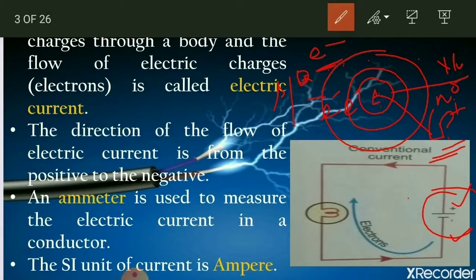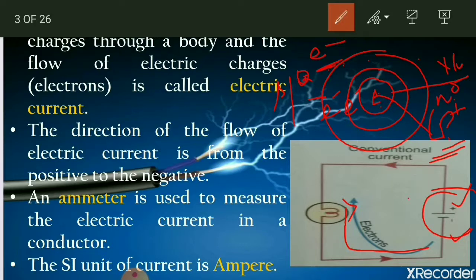It means they will be attracted towards the positively charged side. So this is the negative terminal, so obviously electrons are also negative, so electrons will move from the negative terminal to the positive terminal.